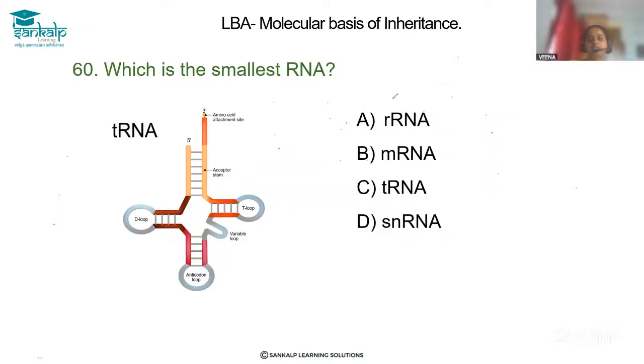So tRNA is the smallest one, containing a single strand which is folded like a clover leaf. So the correct answer is option C, tRNA, the smallest RNA.